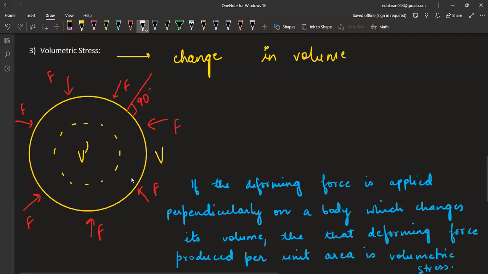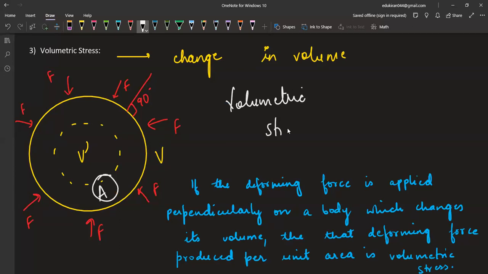Apart from this, there must be some area of the sphere. So volumetric stress is equal to the force, again perpendicular force, divided by area.